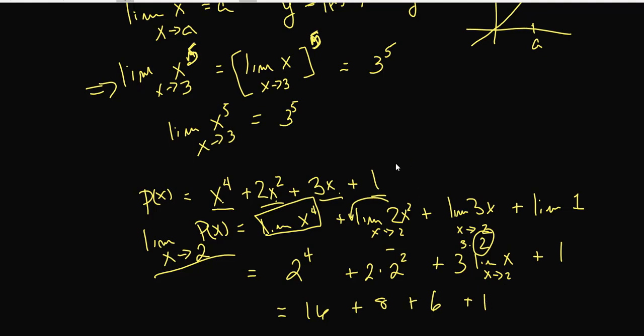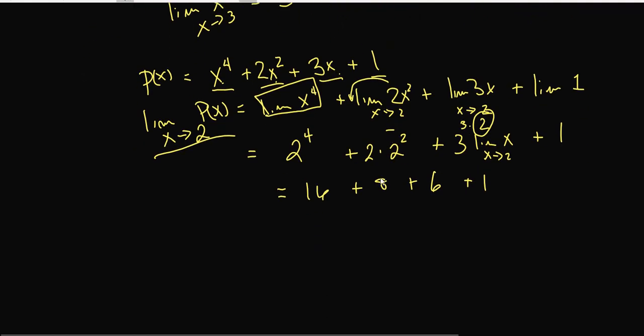So without going through the proof of it, what we have just shown is that, and you can see that's going to be true for any polynomial, as x goes to any value, say a, not necessarily just 2, you can just drop the 2 into each piece.